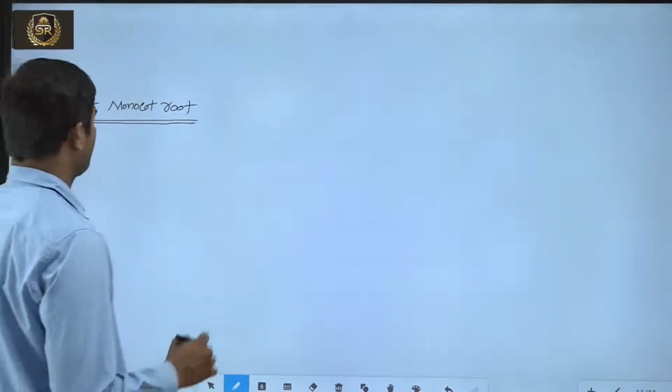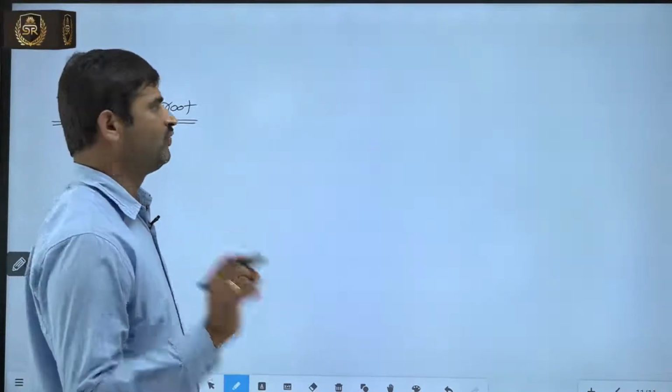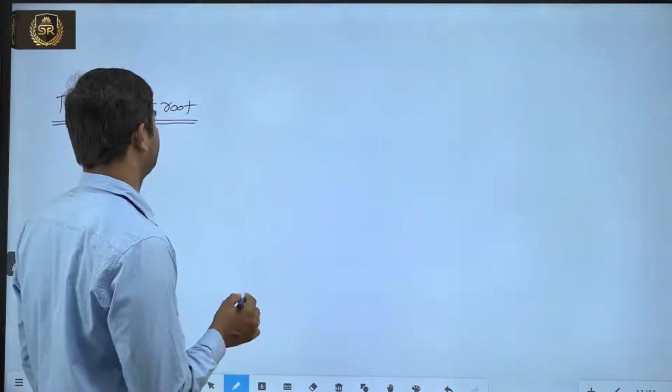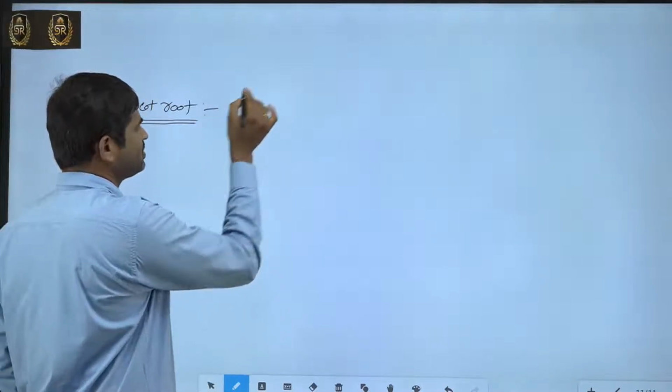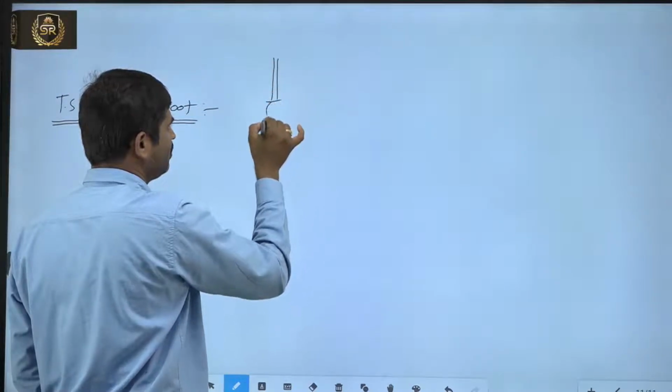Generally, the monocot root has a fibrous root system. This is the monocot root.